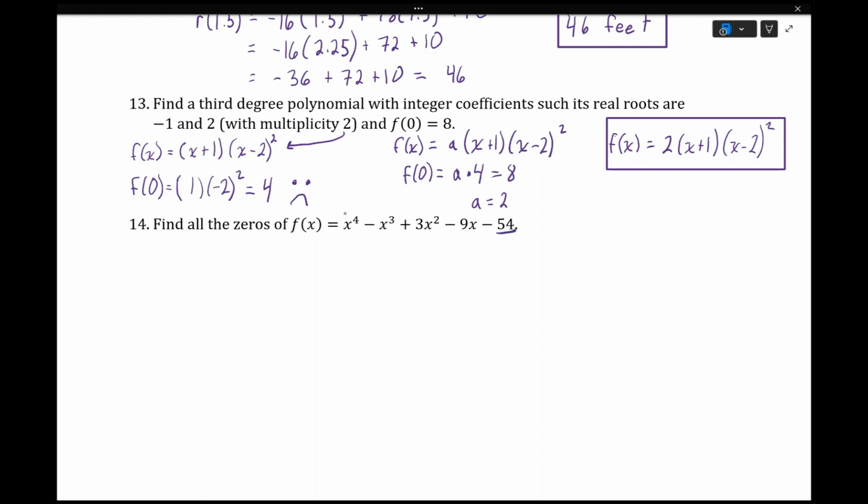Since the leading coefficient is 1, I only need to look at the factors of 54, which are plus or minus 1, plus or minus 2, plus or minus 3, plus or minus 6, plus or minus 9, plus or minus 18, plus or minus 27, and plus or minus 54.